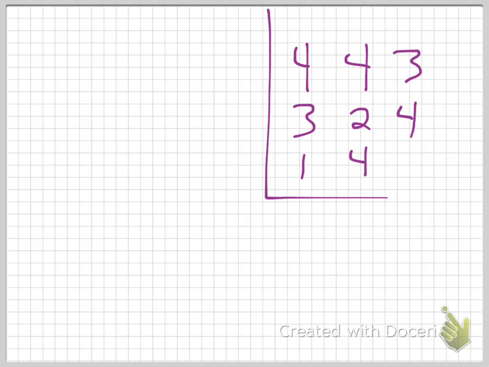Let's do another one. I'll give you just some data here. These will be scores on a 1 to 4, okay? Make a line plot with that data right there. These are scores that people got on their quiz.